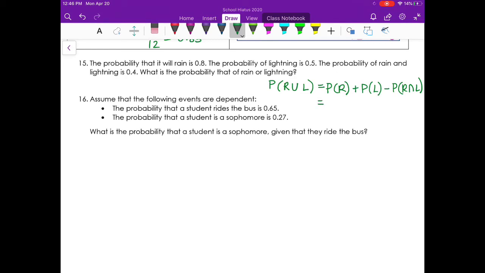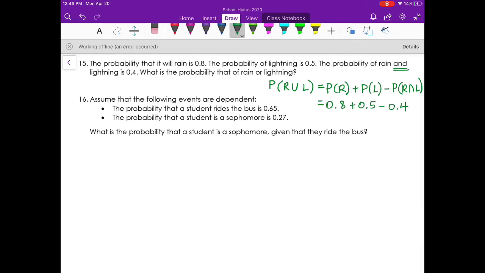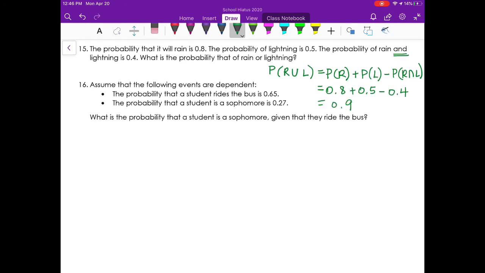So the probability of rain is 0.8, the probability of lightning is 0.5, and the probability of rain and lightning is 0.4. So that gives us 0.9. So there is a 90% chance that it will rain or lightning.